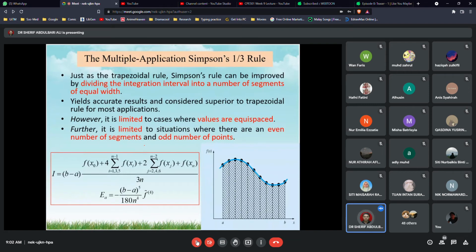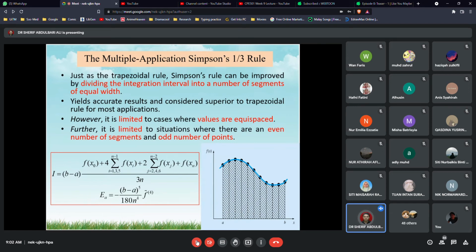So how are we going to do that? We can improve by dividing the integration interval between the limits into a number of segments. But we need to be careful, because the number of segments that we add to 1/3 is based on conditions.